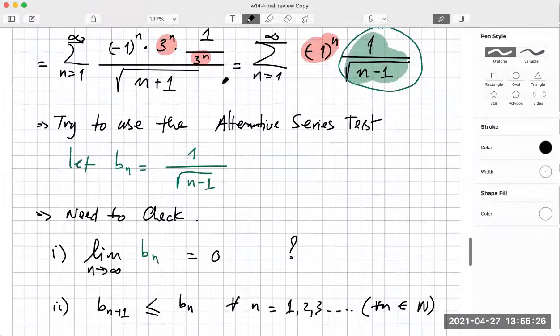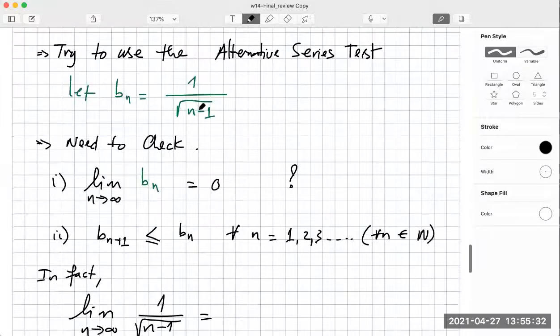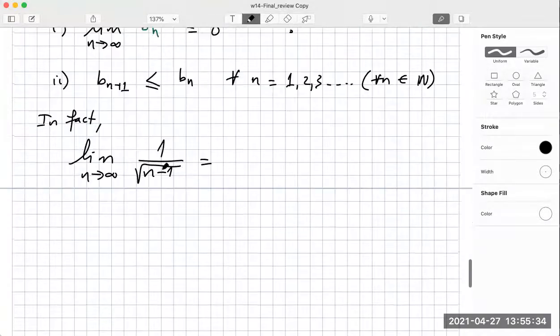This should be positive plus 1 here. When n becomes very large, this denominator will become large, 1 divided by a very large number. Therefore, the limit here is 0. Makes sense.